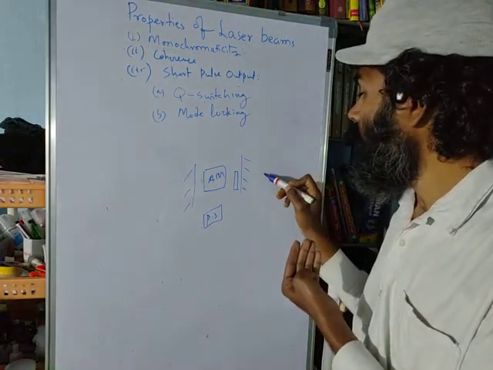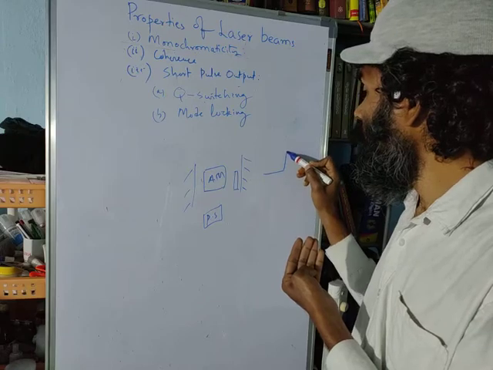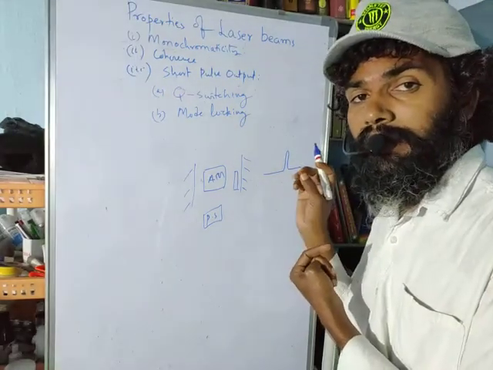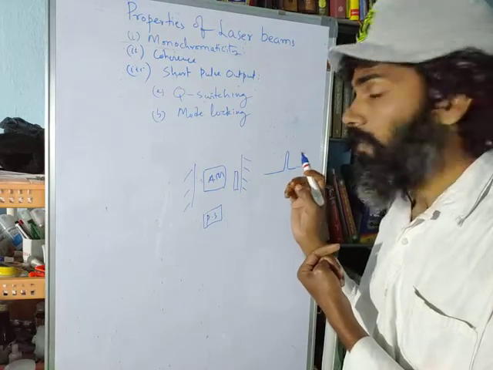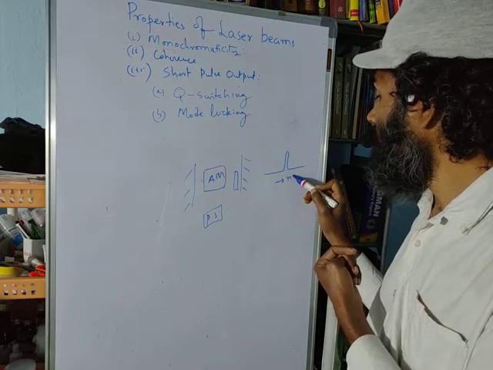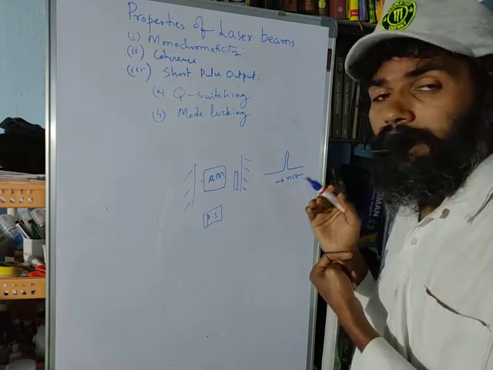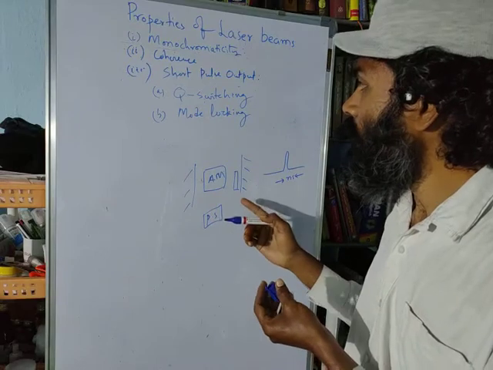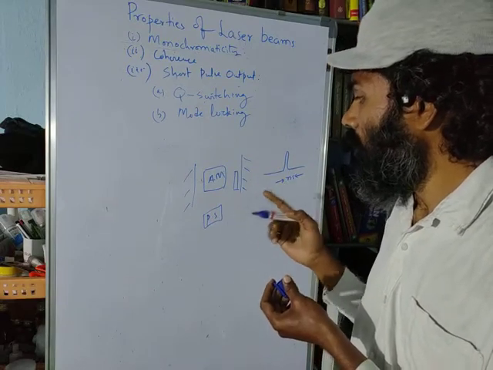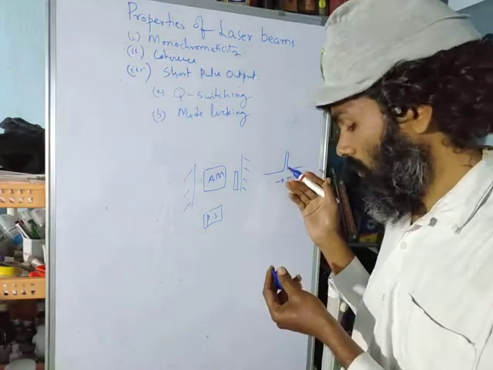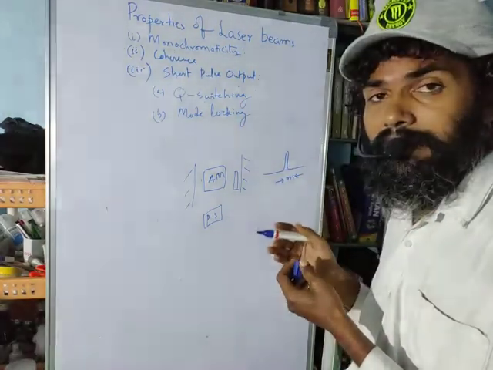This process will give us very narrow width pulses as output of the laser. And through this process we can go as narrow as pulses of a few nanoseconds width.